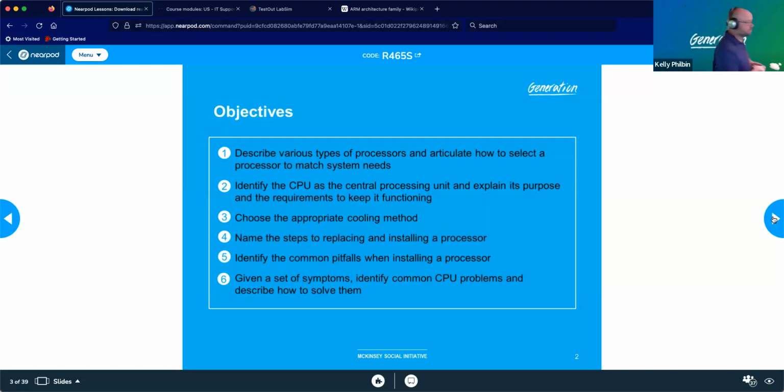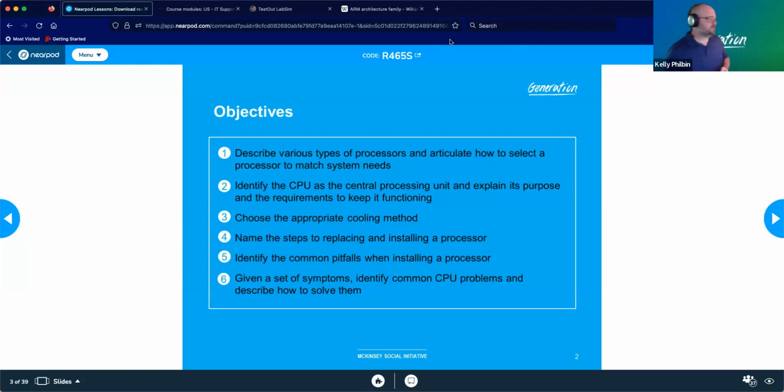We're going to choose the appropriate cooling methods, and name some steps to replacing and installing a processor. We're going to identify some of the common pitfalls you might come across, and then get to a set of symptoms and identify some common CPU problems and get in a little bit on solving them.